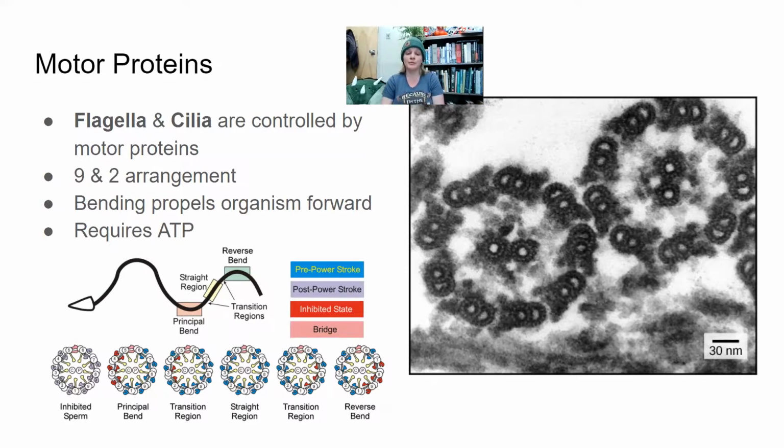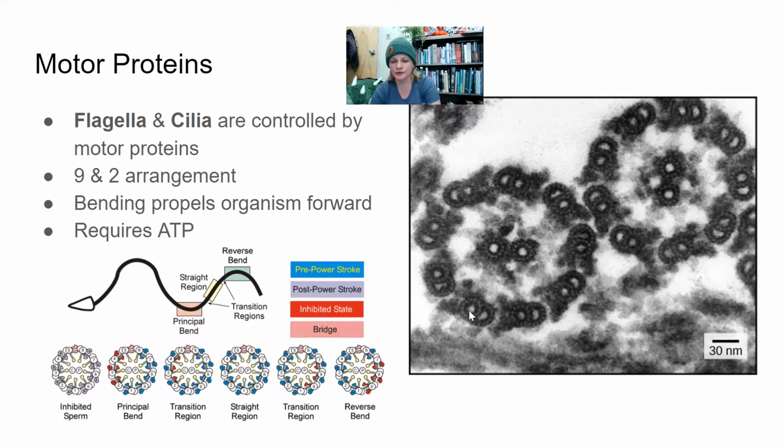But these are controlled by motor proteins. And these motor proteins have a 9 and 2 arrangement. If we look at this micrograph here, we can see that there are these proteins arranged in couplets, right? There's 2 of them, they form one unit.